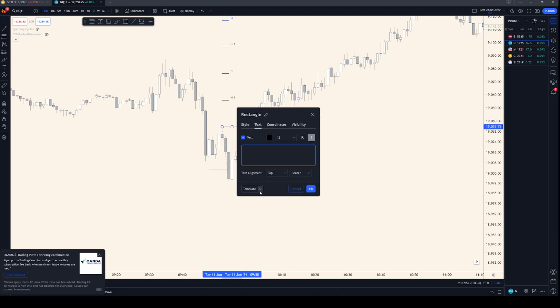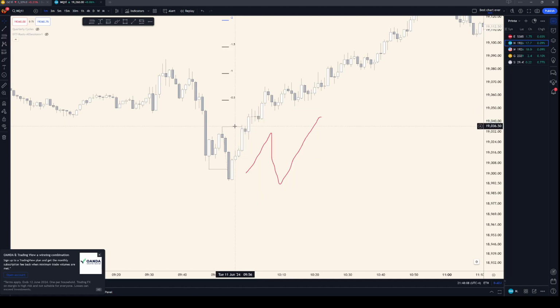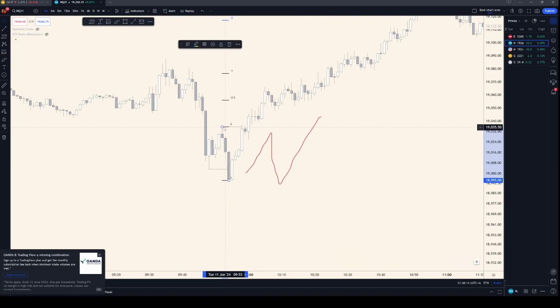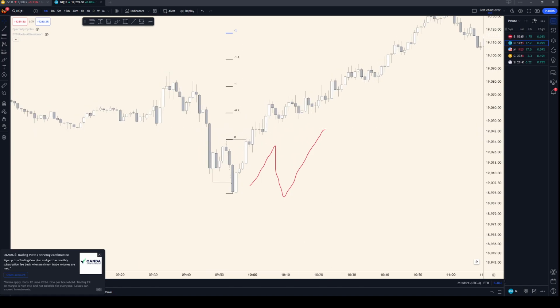Let me just color it out. Where was it? There we go. So from 1 to 0. Do I know why it's drawn that way? Because ICT drew it that way.